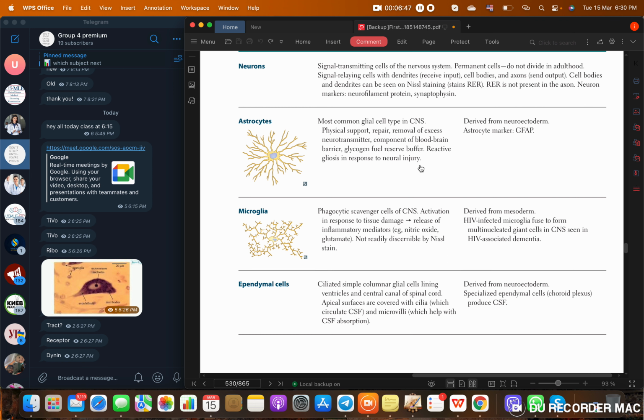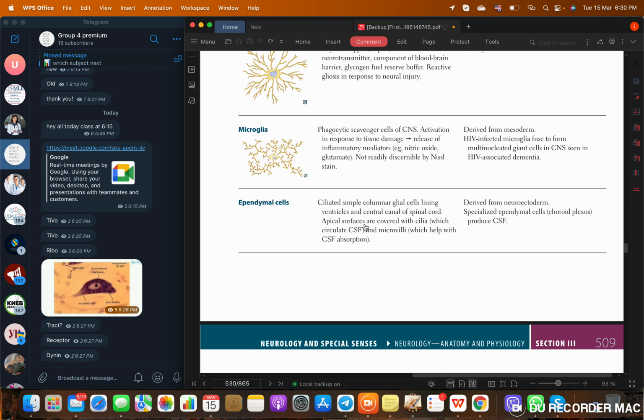So as I said previously, there is regeneration and repair. Regeneration, one cell dies, you make the exact same cell. Repair, in the brain, one cell dies, and instead of the cell, you don't have the actual fibrosis, so we say gliosis. It's derived from neuroectoderm, and the marker for them is the GFAP.